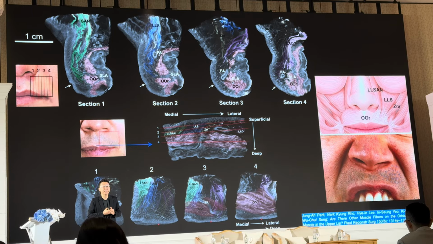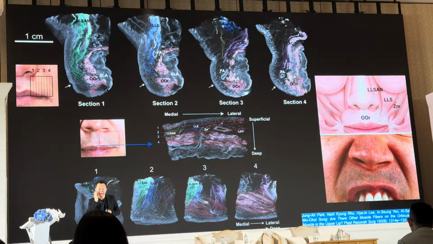This paper was very nice, published by Dr. Lo and Professor Suwan before. And when you look at this, toxin for the pressure of post-filler lips would be injected into these layers. Or after the filler treatment, reversion is due to these muscle fibers. So we can understand many clinical effects after many clinical treatments.